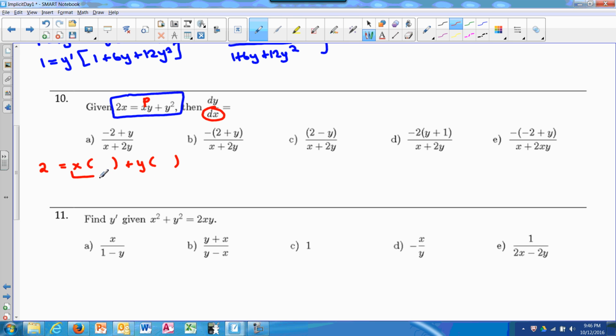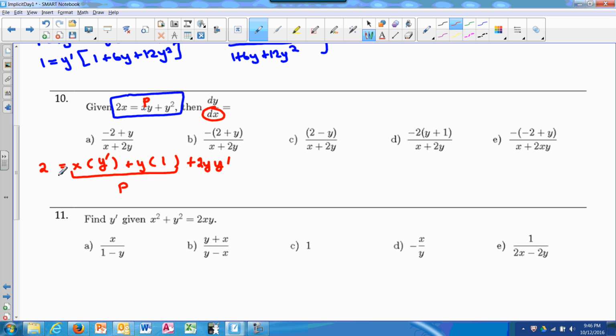So just this part is my product. So x times the derivative of y, which is 1 dy/dx. I'll write it as y prime just to save space. y times the derivative of the x term, which is 1, because we're taking the derivative in terms of x. Now I can move on and do the derivative of y squared, which is plus 2y times y prime.